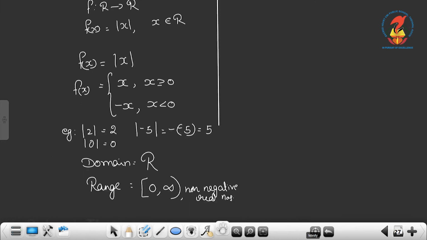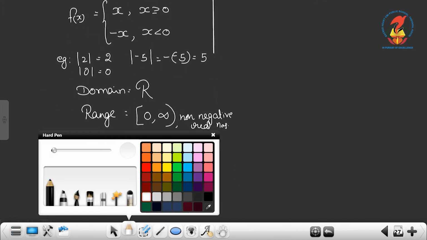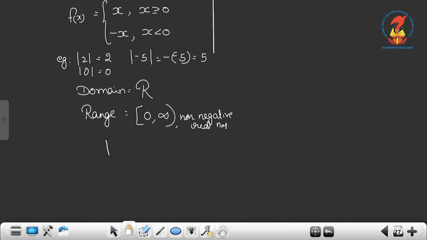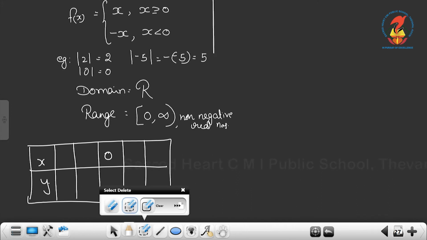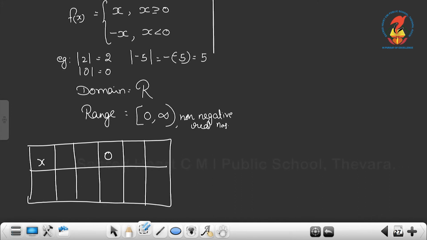Then what about its graph? Let's try to draw the table. X and y, positive and negative values you have to give. y is equal to mod x.